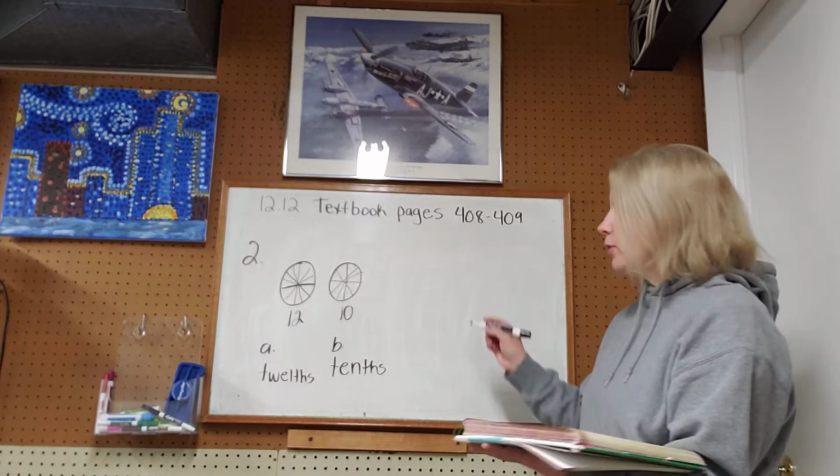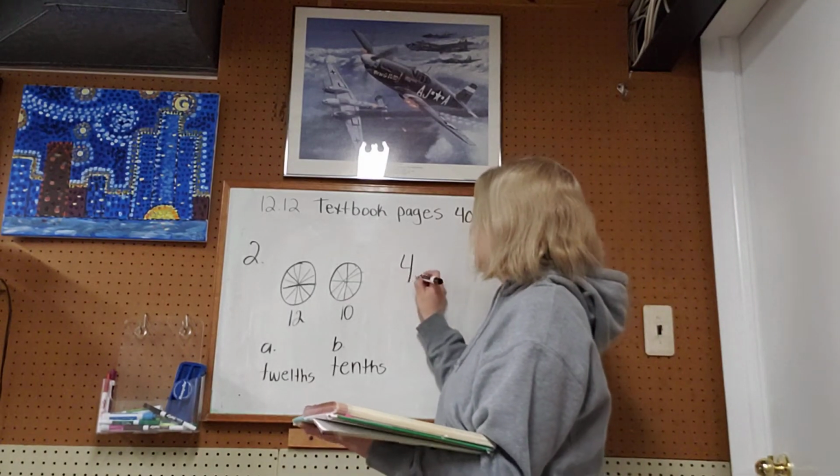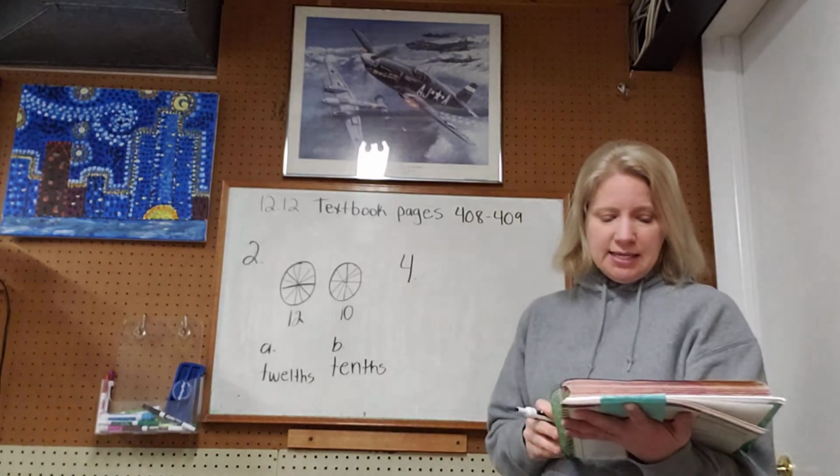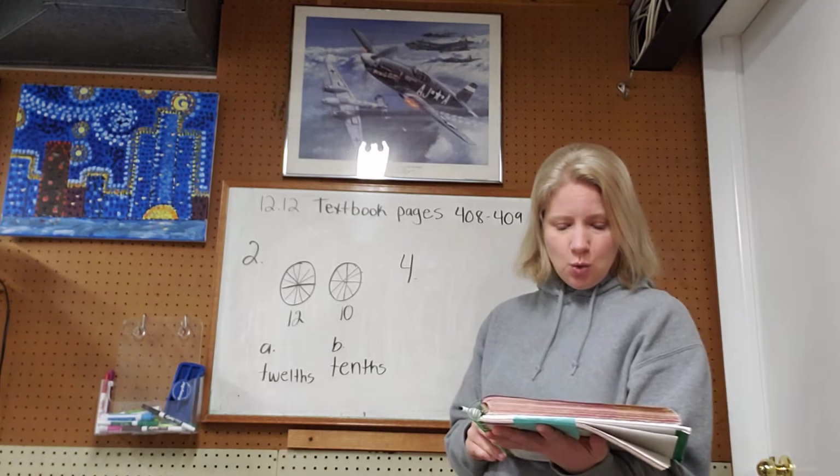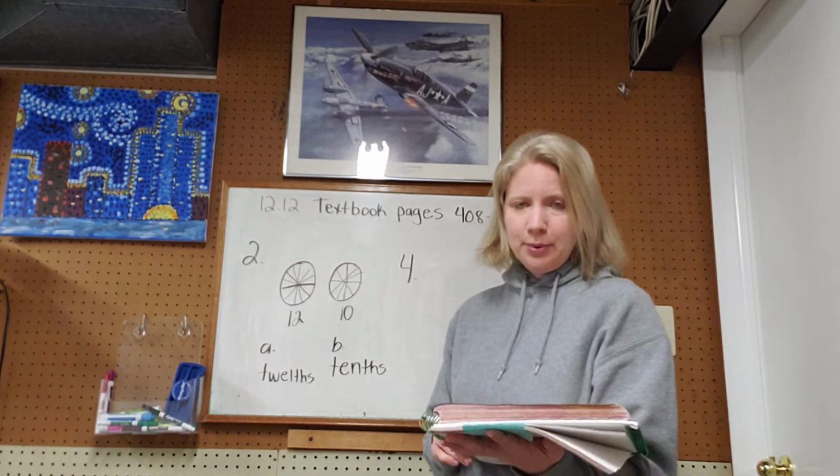Okay, number 4. We're only doing the evens today. Number 4. 10 fruit pies were sold. 5 of them were apple. What fractional part was apple?